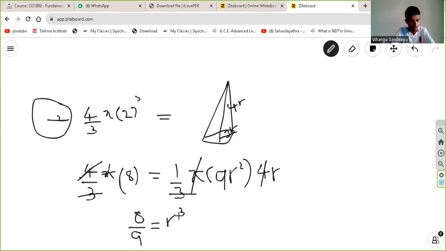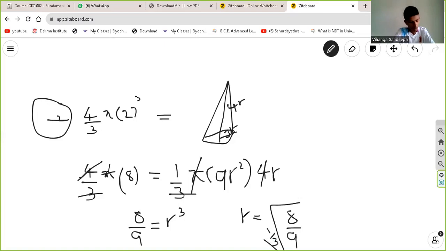Then we have to make r the subject. r means 1 over third power of this one.